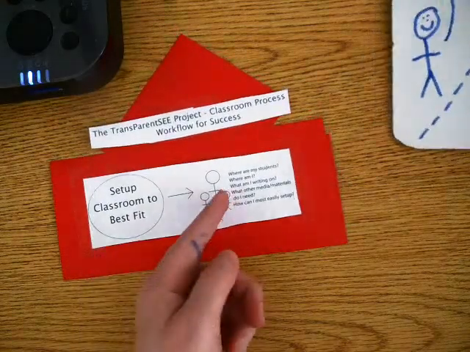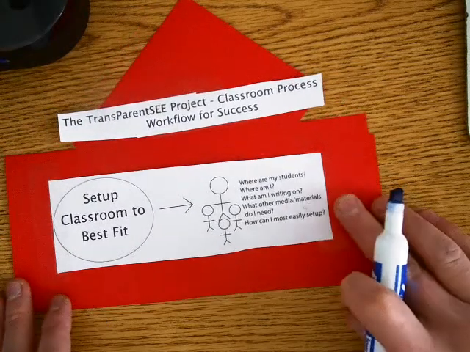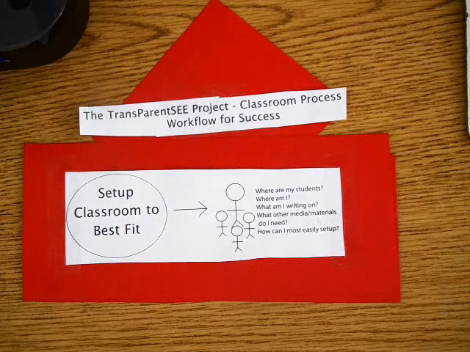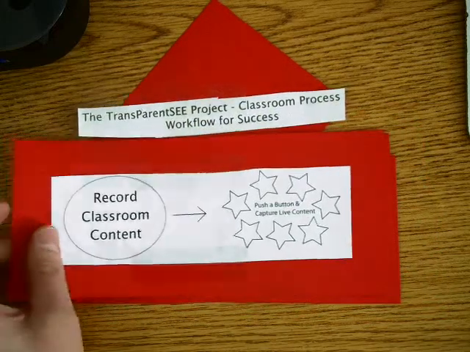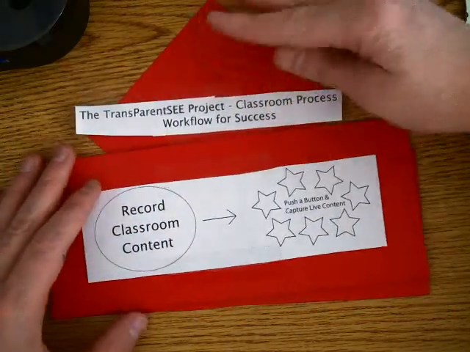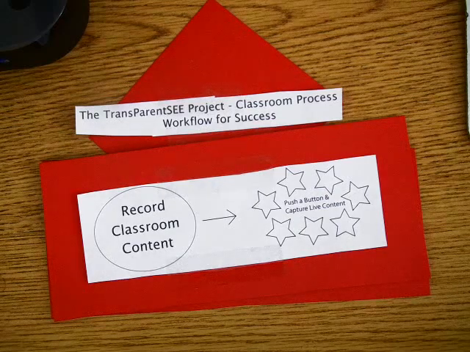Thinking about things such as where am I, what am I writing on, what other media and materials do I need, and how can I most easily set up and take down. All of those things are very important. And then, once you get things set up, you want to think about recording the classroom content. In order to do that, you have to have whatever device it is you're using.